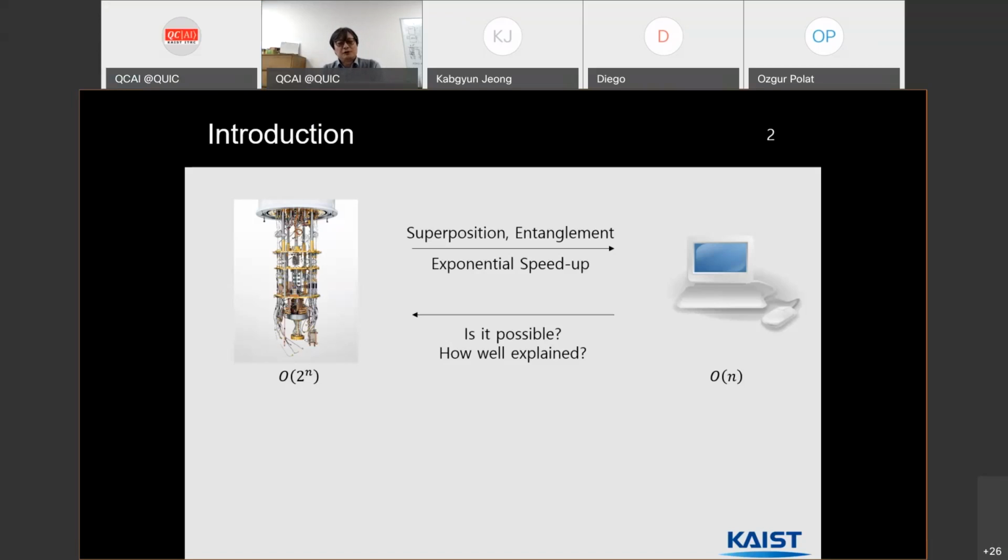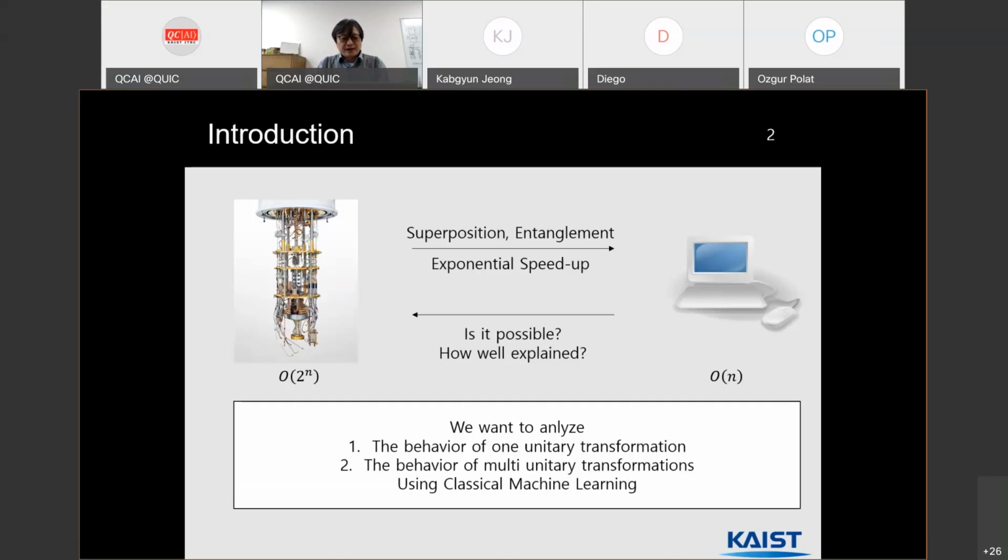So we try to fix that with classical machines, which is the conventional machine learning algorithms. We want to analyze the behavior of one unitary transformation, and also the behavior of multi-unitary transformations, using classical machine learning, okay?